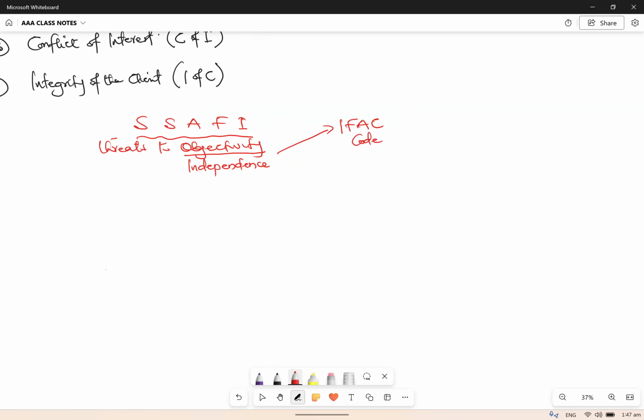There are 5 of them, which every chartered accountant should know. If you don't remember them, you can use the acronym COPY for it. The I is integrity, and you should know what integrity means. 2 is objectivity.